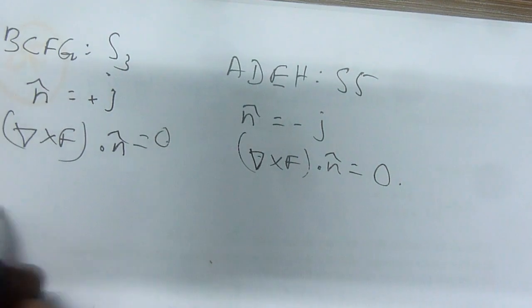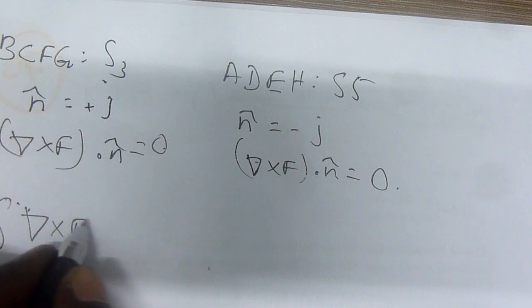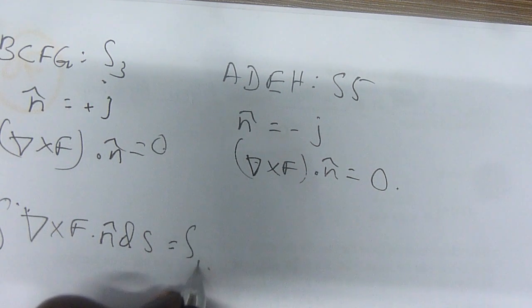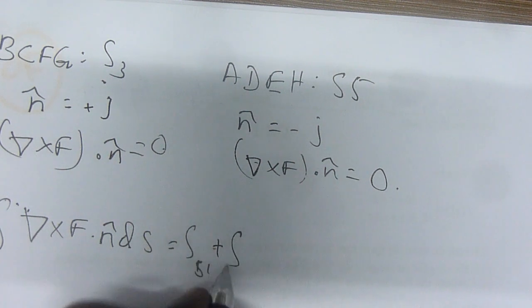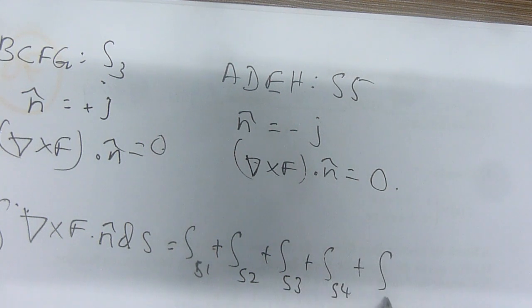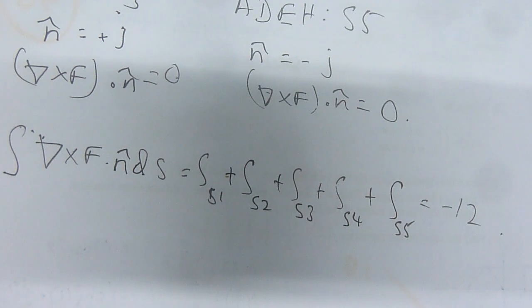No other options. Therefore, in conclusion, we can say the integral of del cross F dot dS is S1 plus S2 plus S3, and coincidentally it is negative 12. It's not like this all the time. That is the first example done.